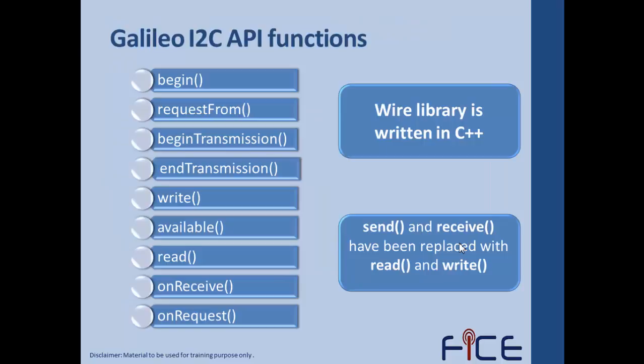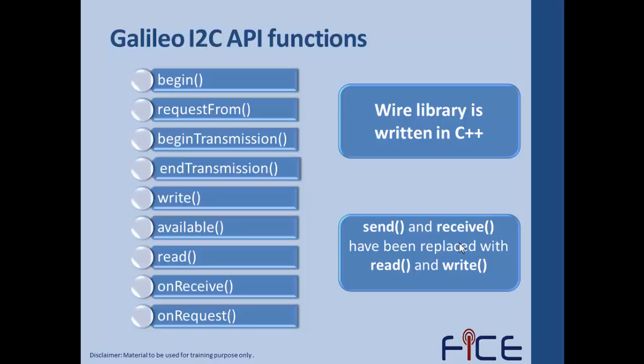And coming to some API functions of the Intel Galileo platform with respect to the I2C communication protocol, a library called Wire is already there to support the I2C interfaces.